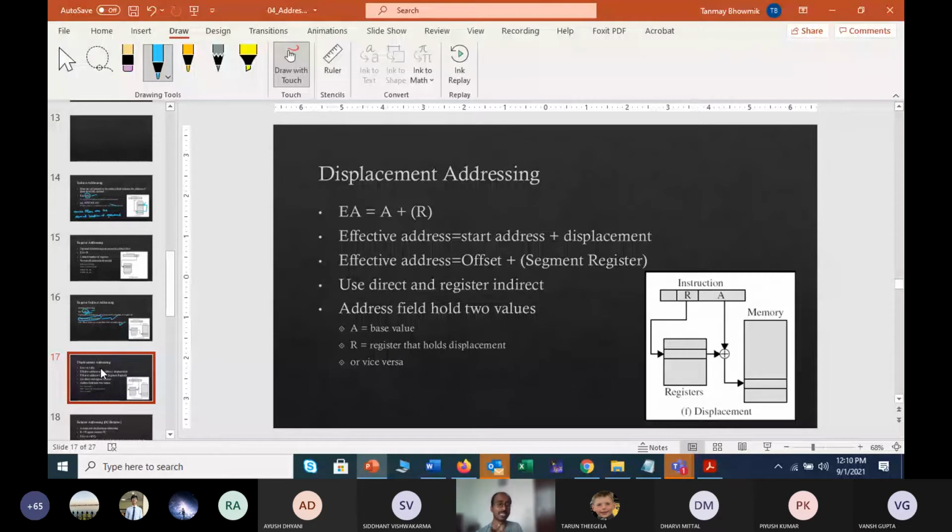Then the college shuttle will take you and drop you at the university gate. The first thing was your offset from home, that means the start address: you start from home and make yourself available at Botanical Garden metro station. So this distance is the offset, right? Now the college shuttle is there. So the college shuttle is the segment register.